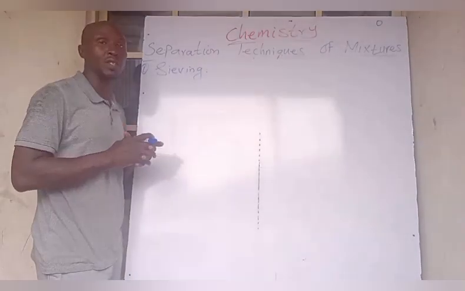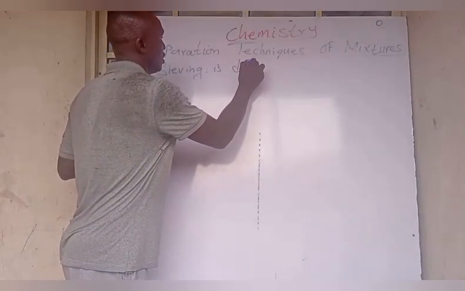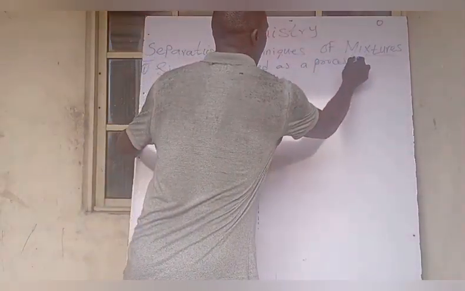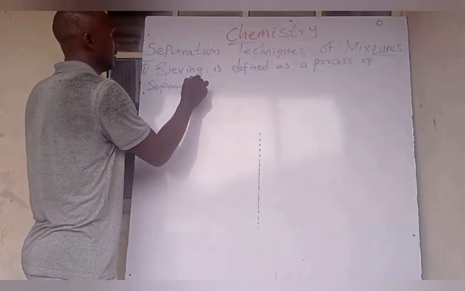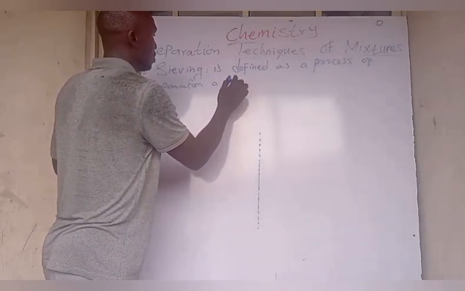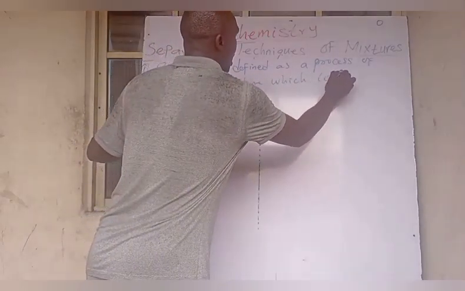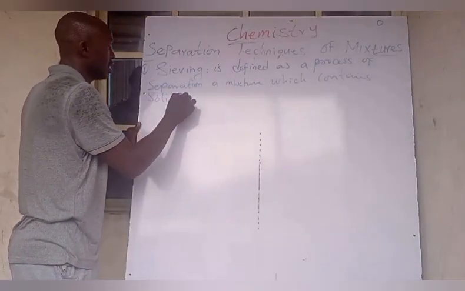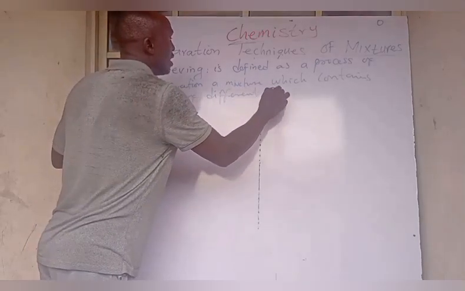Let's look at sieving. Sieving is defined as a process of separating a mixture which contains solids of different sizes.